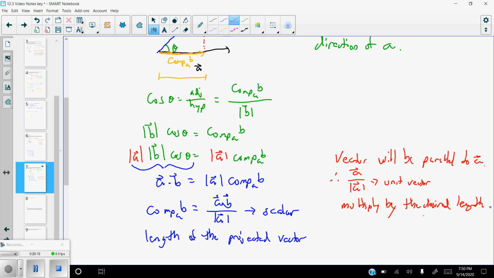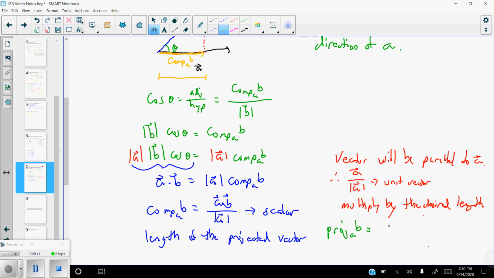So if I want to find the projection of B onto A, now we're actually going to find that orange vector. It's going to be a unit vector in the direction of A times the component.